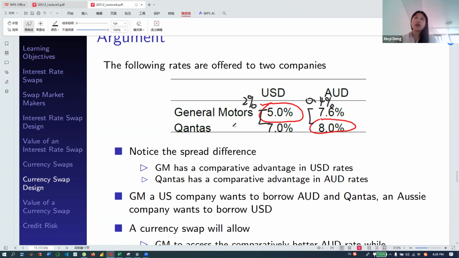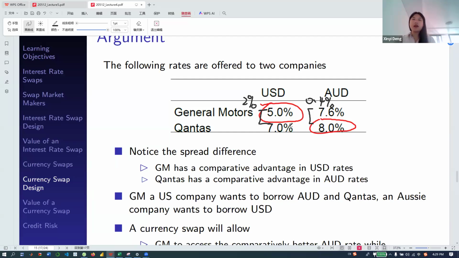So apparently General Motors, GM, has an absolute advantage in terms of borrowing because it has a cheaper cost of borrowing in USD and in AUD. But now what we want to determine is the comparative advantage.